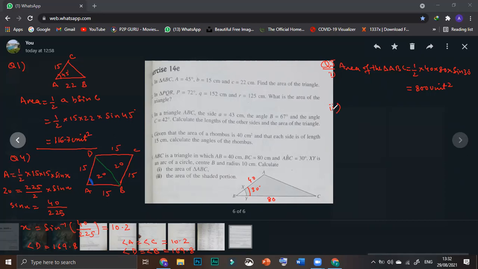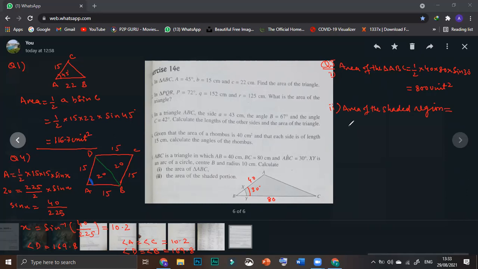Now area of the shaded region is equal to area of triangle minus area of sector.